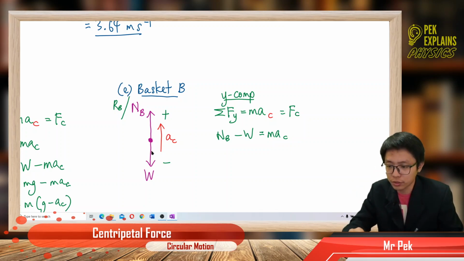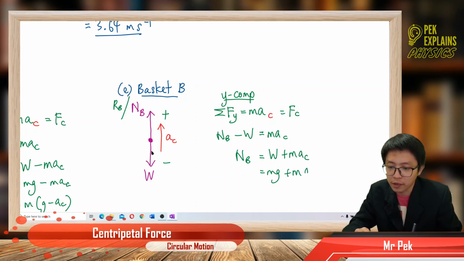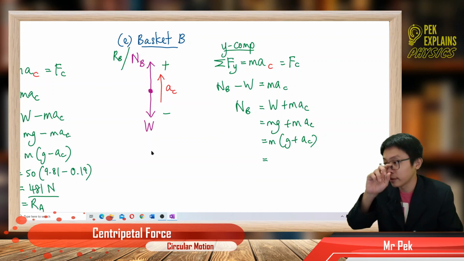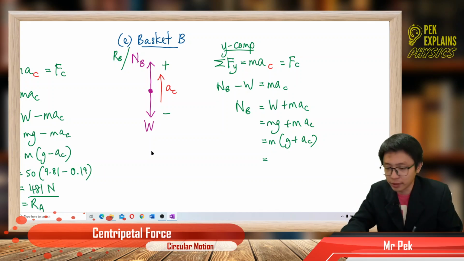Let's rearrange. The normal force is equal to the weight plus MAC, which is mg plus MAC, so mass times G plus AC. What do you get? Mass is 50, G is 9.81, AC is 0.19.